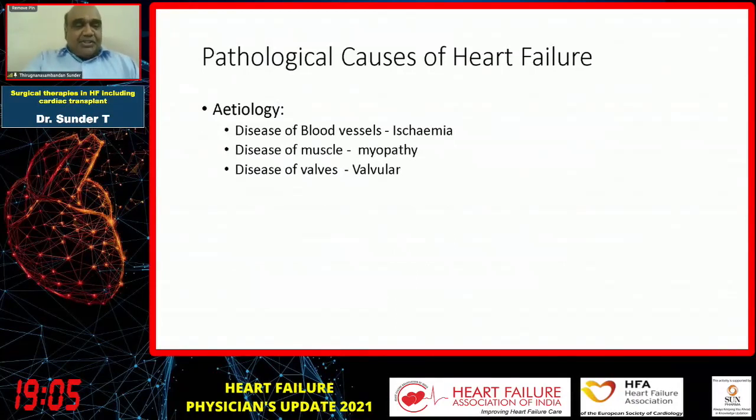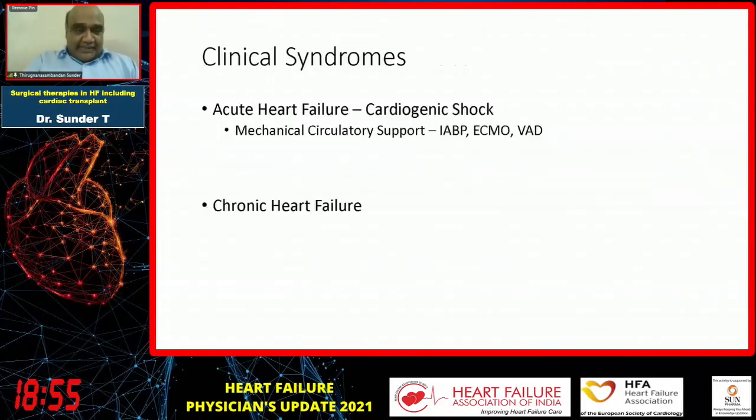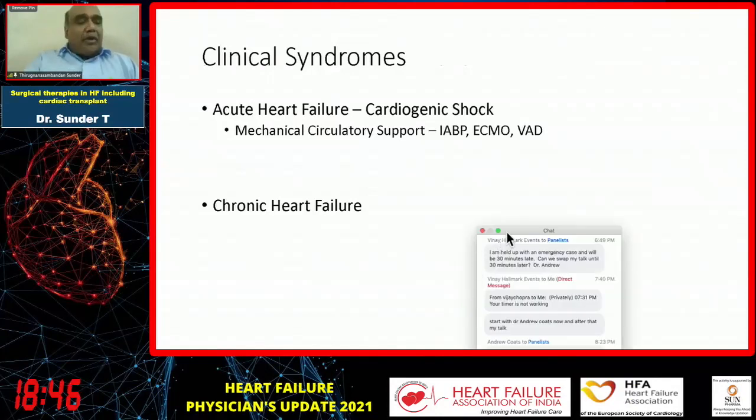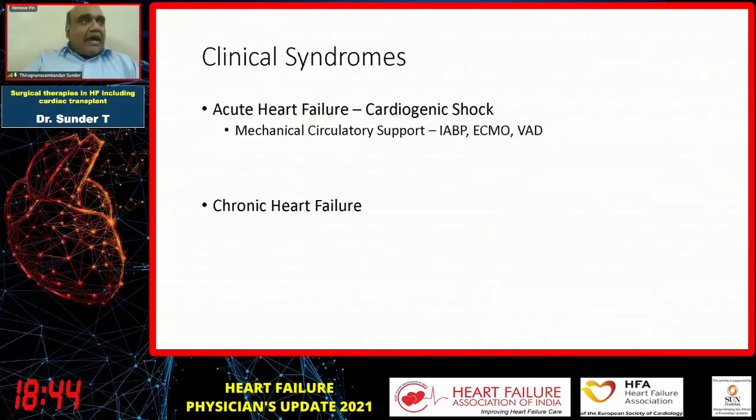It could be a disease of the muscle de novo, causing three types of myopathy: dilated, hypertrophic, or restrictive cardiomyopathy. Or it could be end-stage heart failure due to valvular disease. Looking at the syndromes, the patient could present as acute heart failure, for example cardiogenic shock following an acute myocardial infarction, or with gradually developing heart failure as in chronic heart failure.